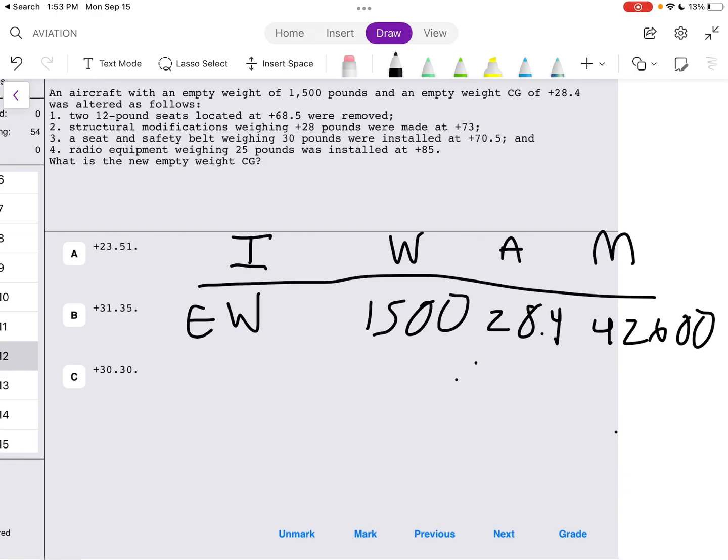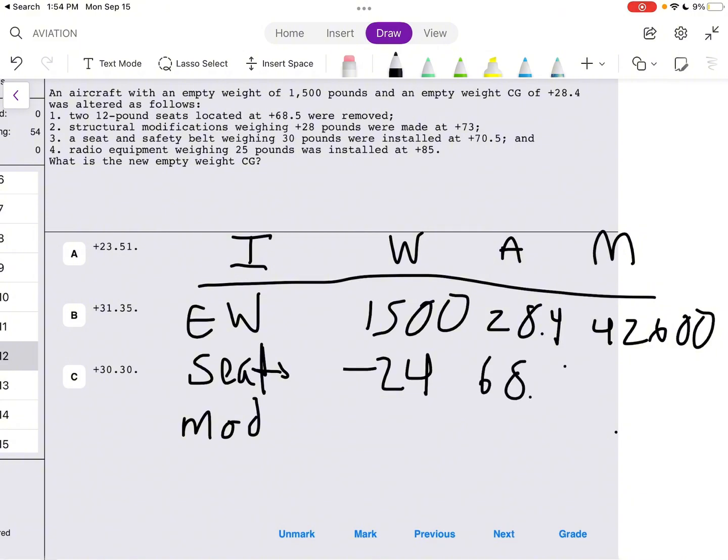So now that we have that, we are going to put in the items that were altered. So two 12-pound seats located at 68.5 were removed. So we're going to put seats, and we are going to put minus 24 because they said there are two seats and they are 12 pounds. So that's 24 pounds, and we're going to put minus because they're removed. And this was located at station number 68.5.